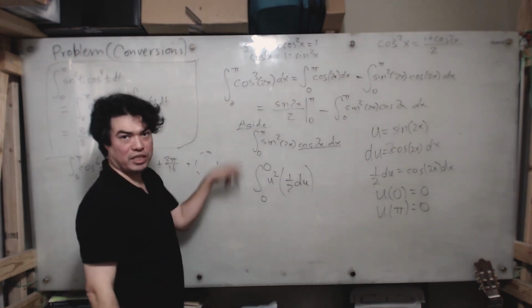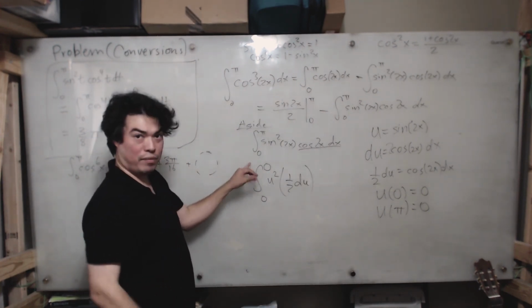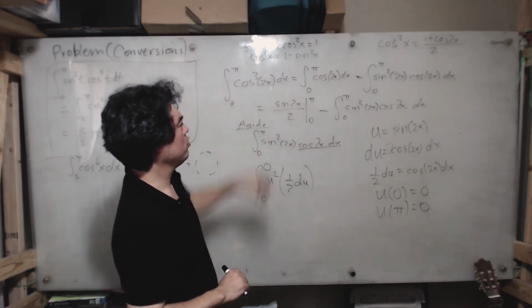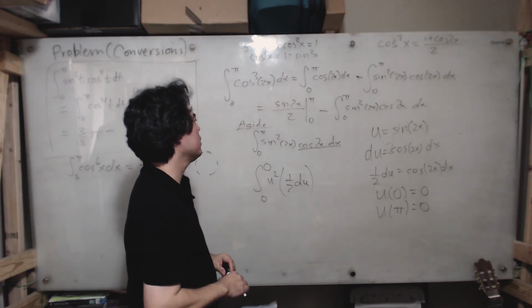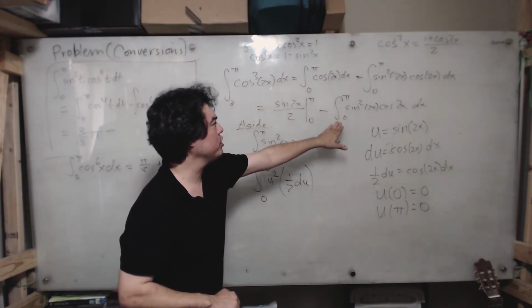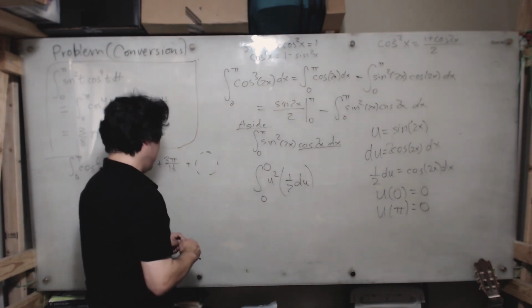But because of the properties of integrals, if you have the same lower limit and upper limit, it zeroes out. So this whole integral goes to 0. So this term actually goes to 0.